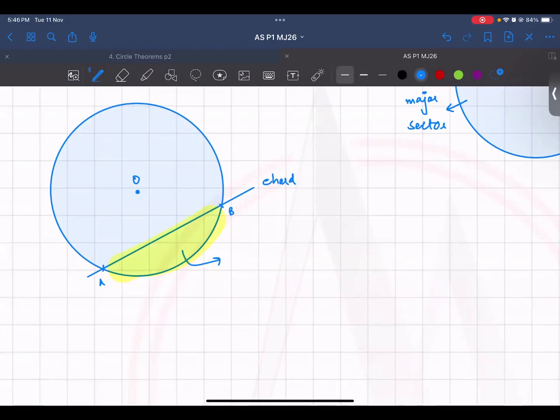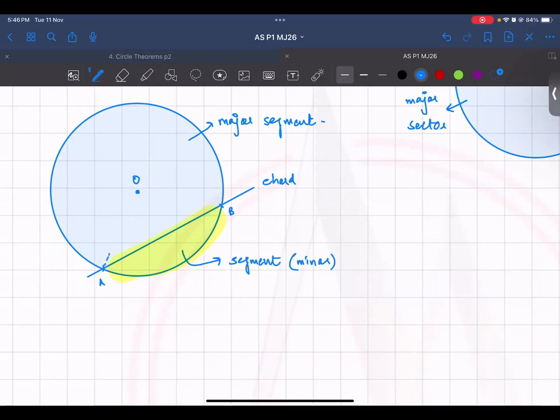This is called a segment, and this is the minor segment right now because it's the smaller one, and this is the major segment. The chord divides the circle into a minor segment and a major segment.